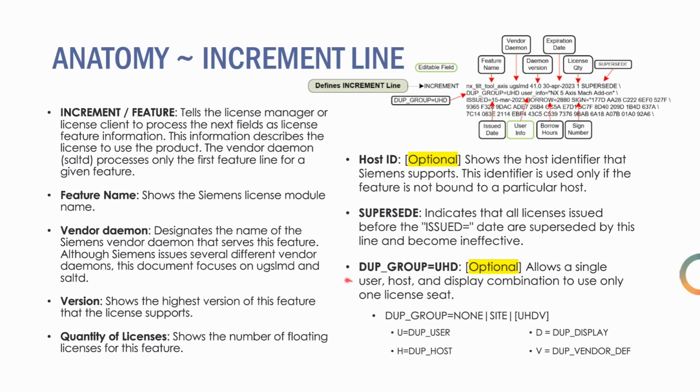And that's how this dupe group UHD works. If this wasn't set, every time I start up an NX instance, if I'm doing regression testing and I have 3 versions of NX running, I would be pulling 3 licenses. So it's nice that this combines them into a single license checkout.